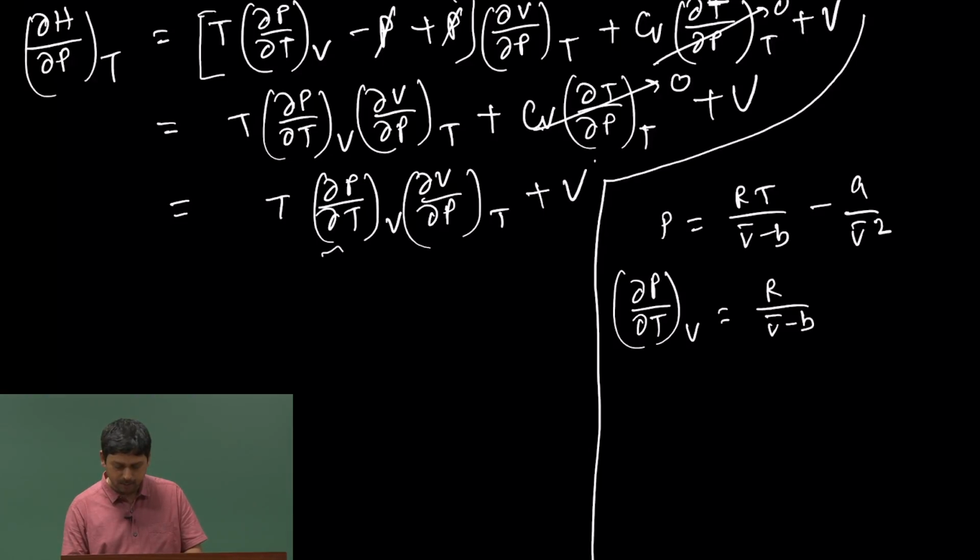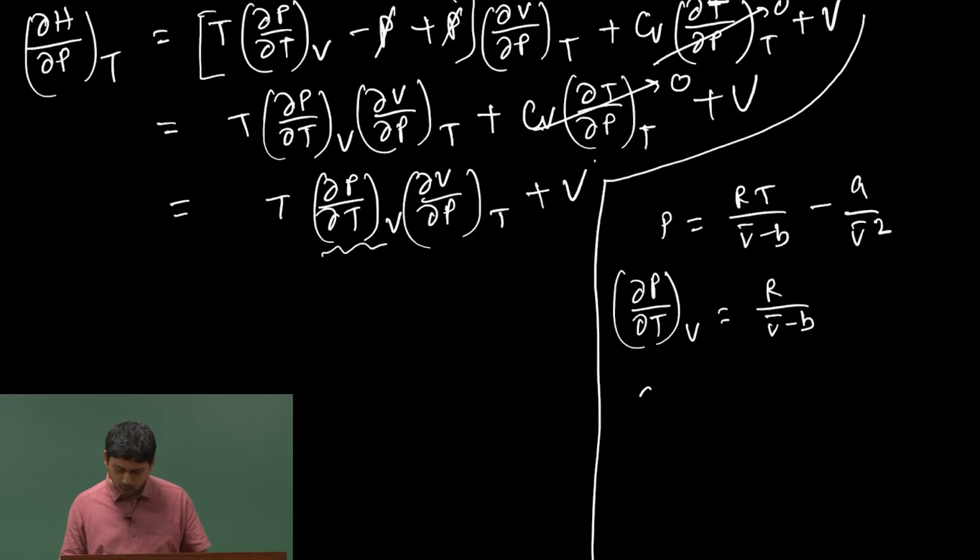Now, del V by del P is not going to be so easy. If I want to do del V by del P, how do I write it? We have to take the derivative of V with respect to P. We can take P with respect to V and then invert it.